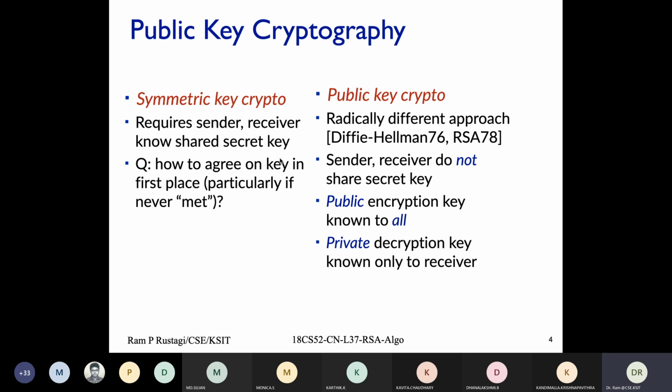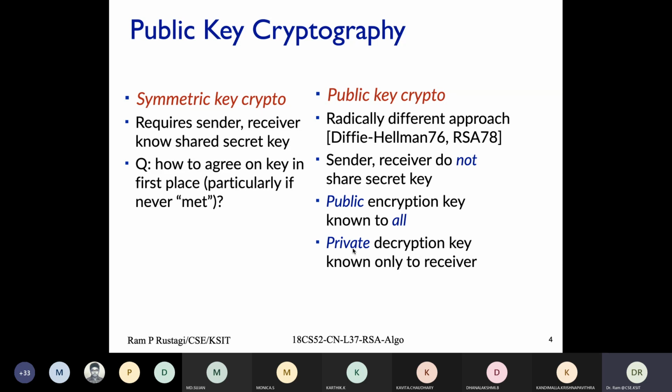When I say the key is public, when you look at asymmetric keys, the key has two parts. One is called public and one is called private. Public key, by nature, is known to everybody. Private key is known only to the sender or the receiver, depending upon who is using it.